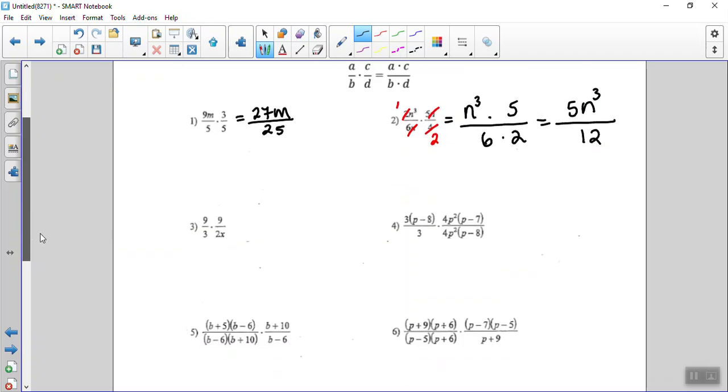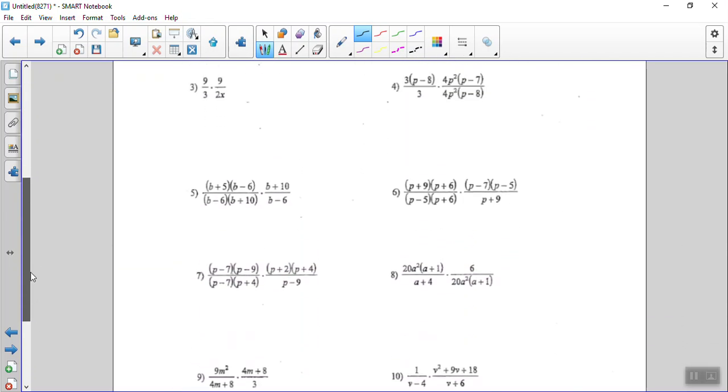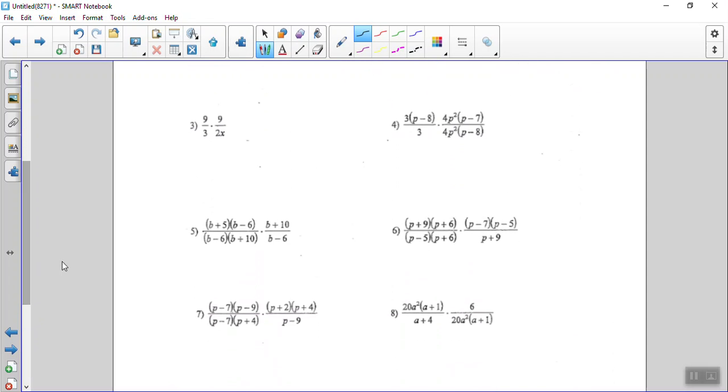Here are some examples for you to try, and they get a little complicated, but if you can reduce them by canceling out the same factors, then you can simplify first and then multiply. So 3 goes into 3 once, 3 goes into 9 3 times. I can't reduce this, so you have 9 times 3, which is 27, over 1 times 2, which is 2x, and that's it.